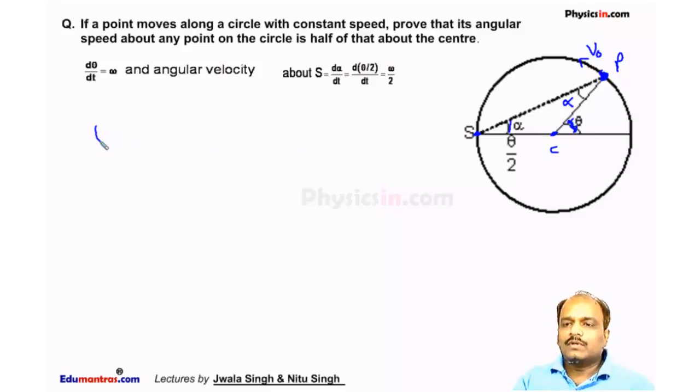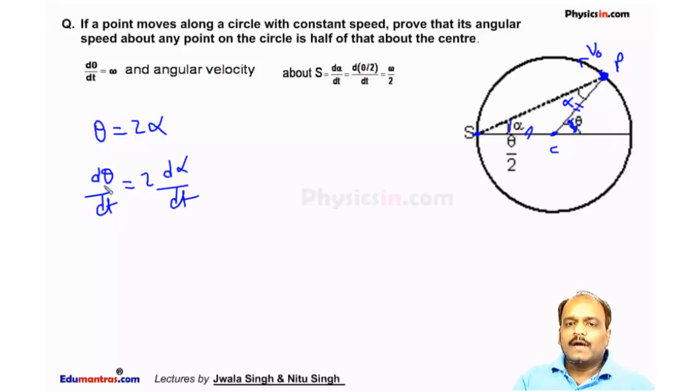So theta is equal to 2 times alpha, because this alpha plus this alpha is theta, and since this is an isosceles triangle, because this length and this length are r, 2 alpha is theta. If I differentiate it, d theta by dt is equal to 2 times d alpha by dt, and d theta by dt is omega about C. This is the angular velocity of the particle about the center of the circle.